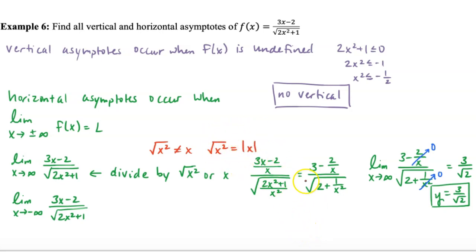We already created a piecewise function for the absolute value of x. We said that the absolute value of x is equal to positive x if x is greater than or equal to 0, and equal to negative x if x is less than 0.